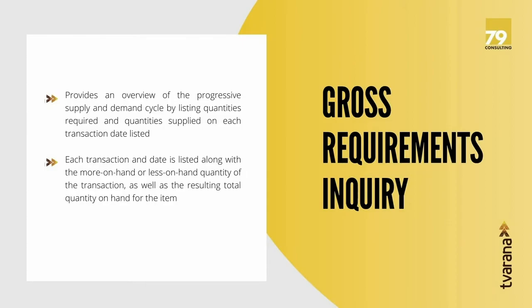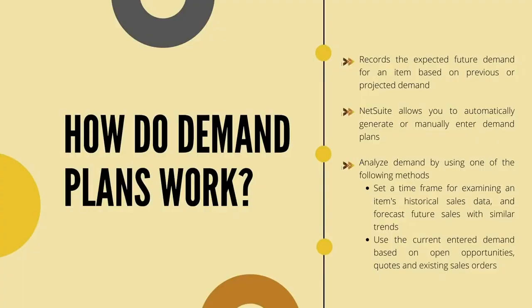So now we've discussed a few of the specific attributes of the module. Let's go into exactly how a demand plan works and then what a supply plan does and how that works in conjunction. So a demand plan records the expected future demand for an item based on previous or projected demand, right?